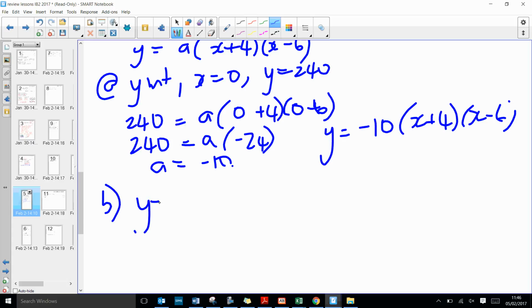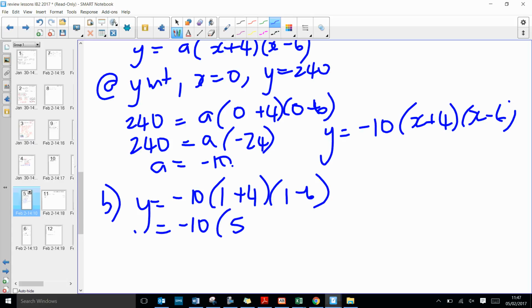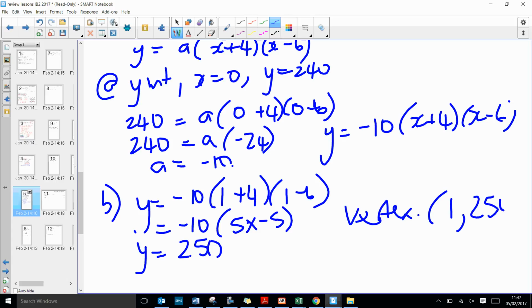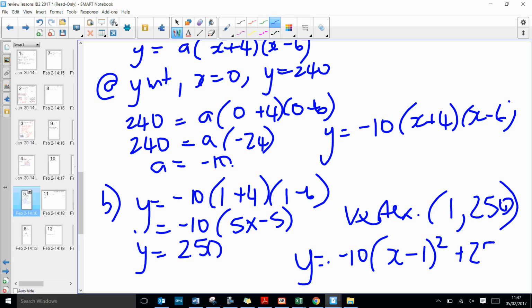So y would equal negative 10(1 plus 4)(1 minus 6), which is positive 250, because 5 times negative 5 is negative 25, times negative 10 gives positive 250. So the vertex is at the coordinate (1, 250), which means in completed square format it would be y equals negative 10(x minus 1) squared plus 250.